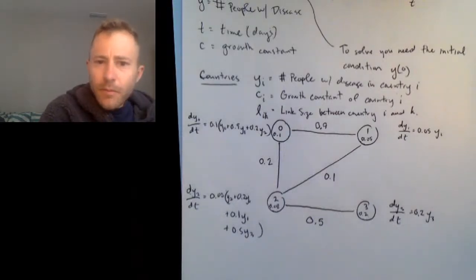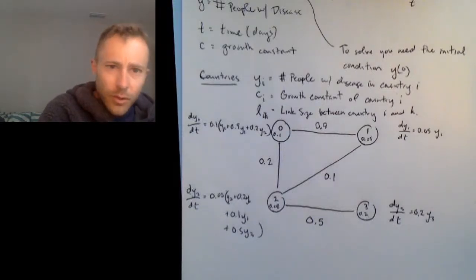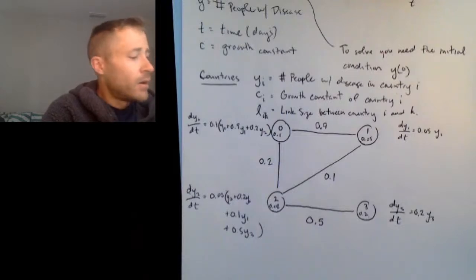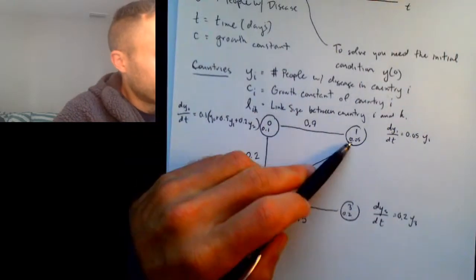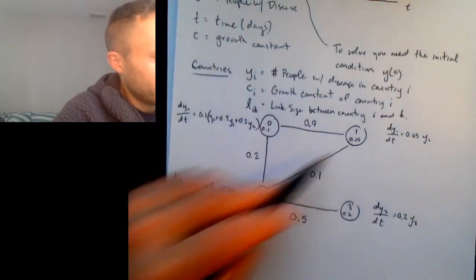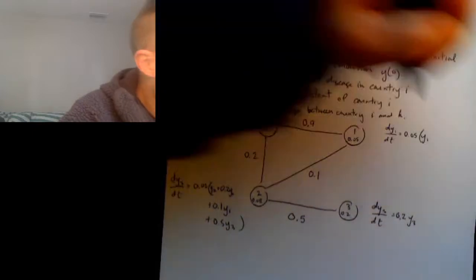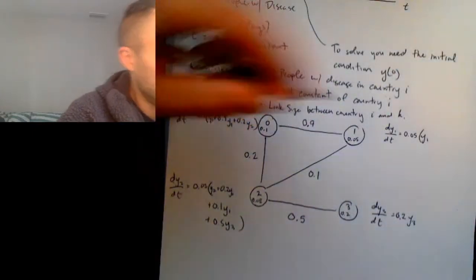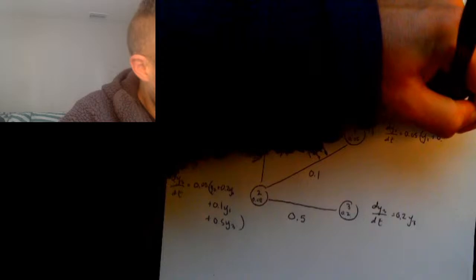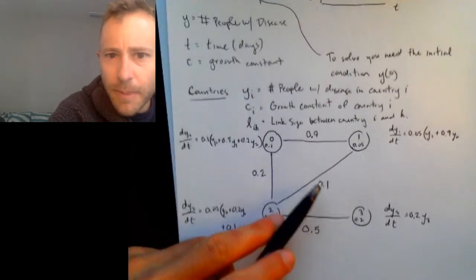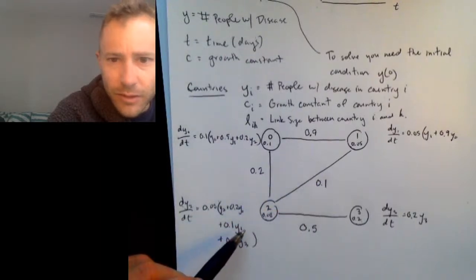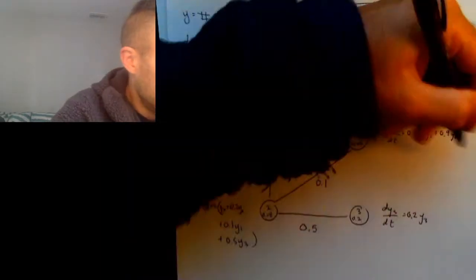Okay. So that's the growth equation for country 2. And then country 1 is connected to country 0 and to country 2. The link with country 0 is 0.9. The link with country 2 is of size 0.1.